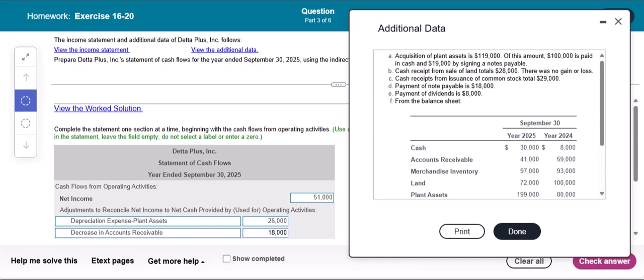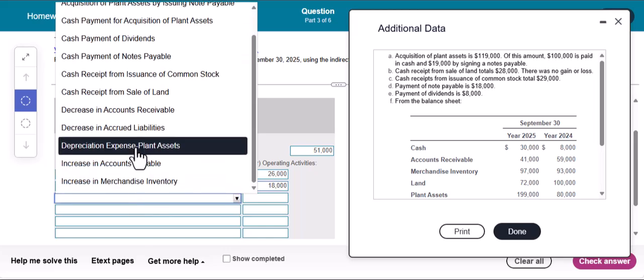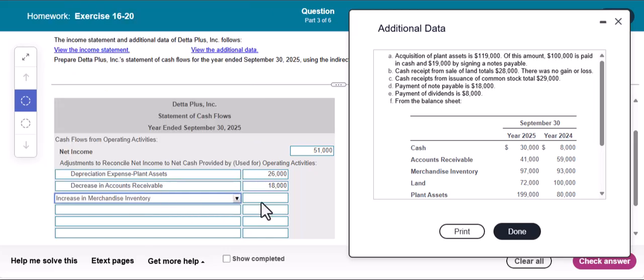If inventory went up, then cash went down, so we're going to subtract out the difference of 4,000. That is an increase in merchandise inventory, but it will be a negative number because we are purchasing that inventory. That appears to be the last of the current assets.